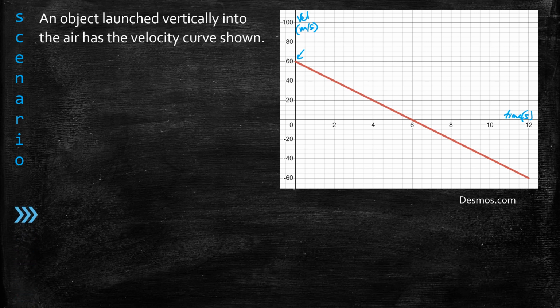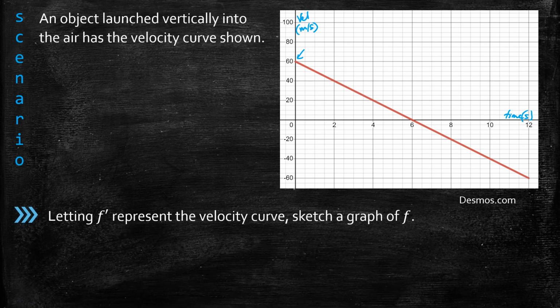What we're going to start by doing is recalling a skill we've worked on in previous videos. We're going to call this graph f prime, get rid of context for a moment and think about how we would sketch a graph of f given f prime. We notice at x equals 6, f prime equals 0, so we must have a horizontal tangent line on f there.